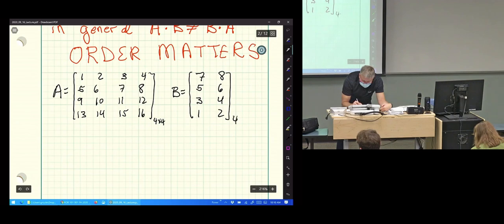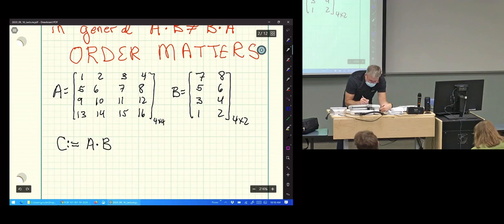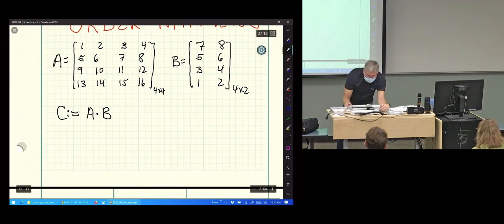Okay. So now if I form C, and it's A times B, that is going to be what?